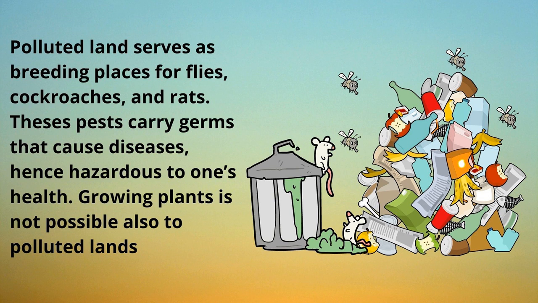So, dadami yung lamok. Pag dumami yung lamok, pwede kayong makagat at pag nakagat, pwedeng it can cause ng dengue. Yan. So, very important yan. So, growing plants in this polluted land will not be possible. So, hindi tutubo yung halaman if the soil is polluted.